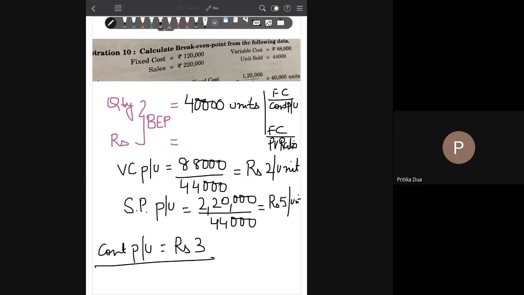You can calculate the PV ratio. So contribution upon sales into 100, 60% is your PV ratio.